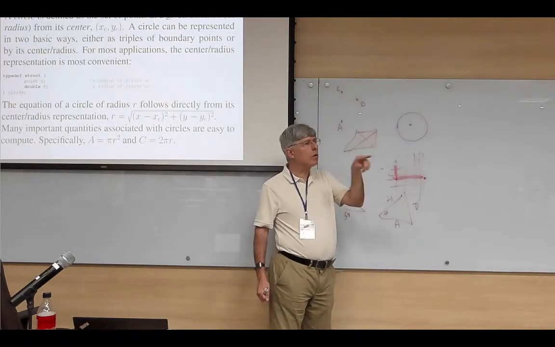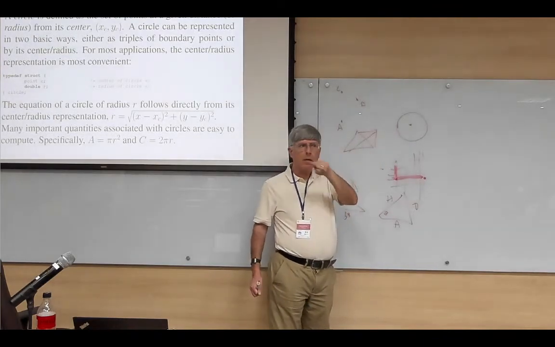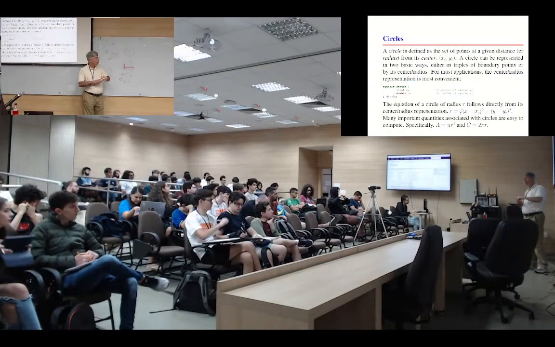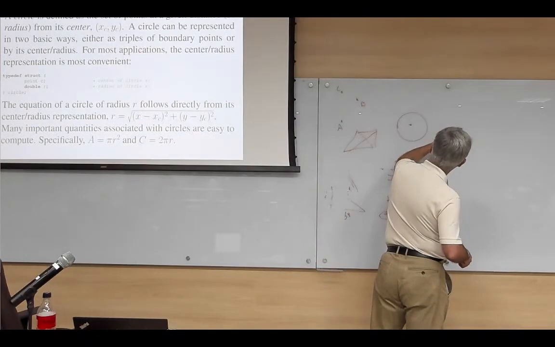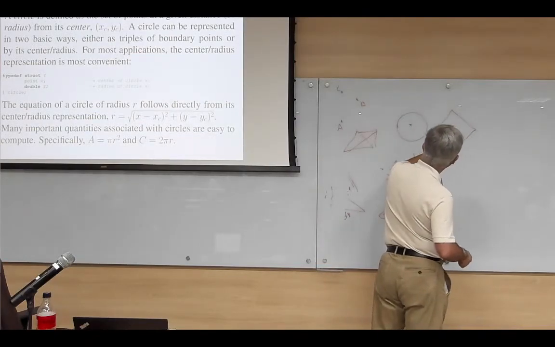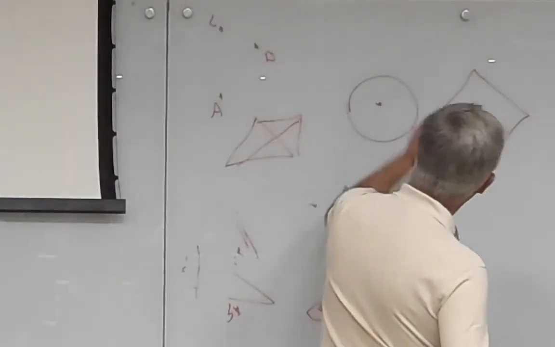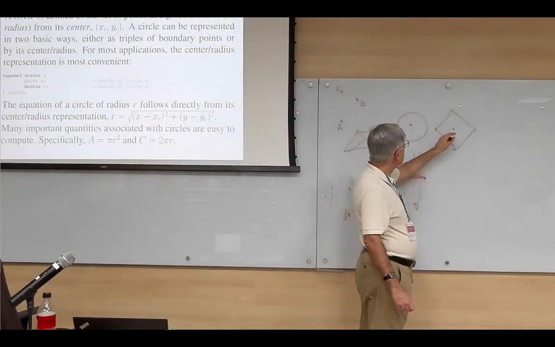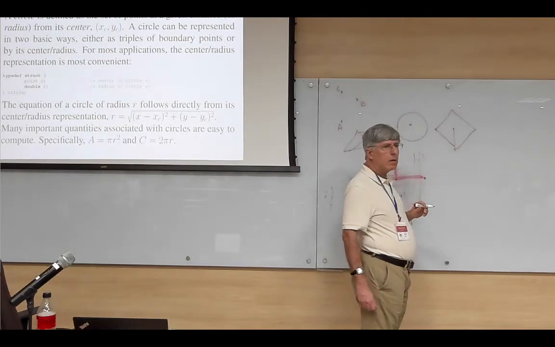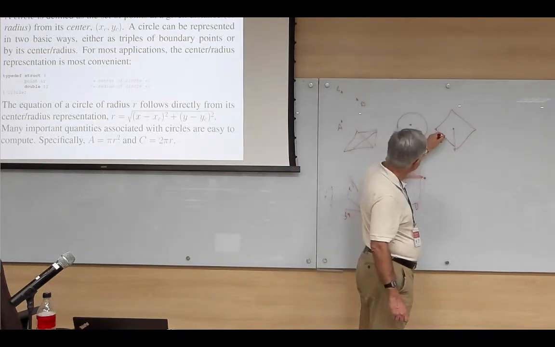What does a circle look like in Manhattan? If any of you ever come to New York? I think a circle in New York is going to look like this. Does everybody see this? Here it's 1 unit down here. To get to this point, it's halfway down and halfway over.